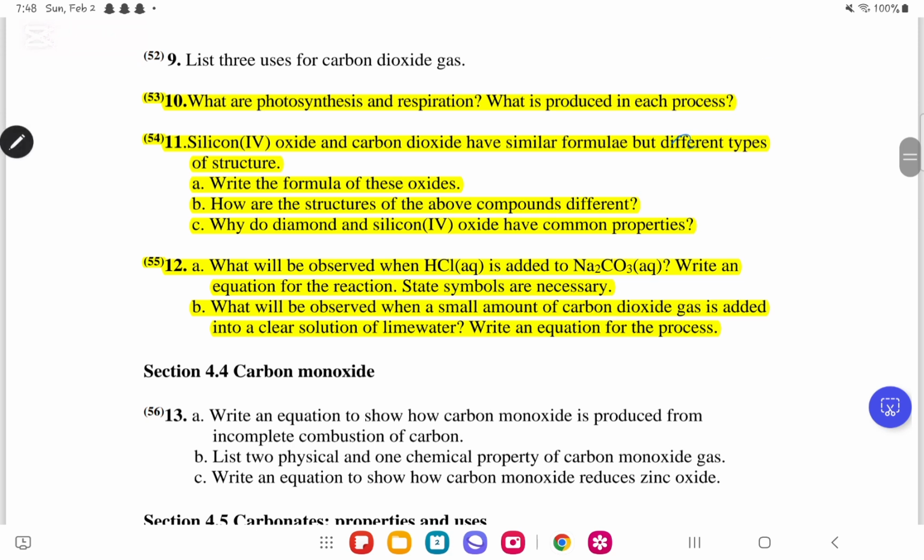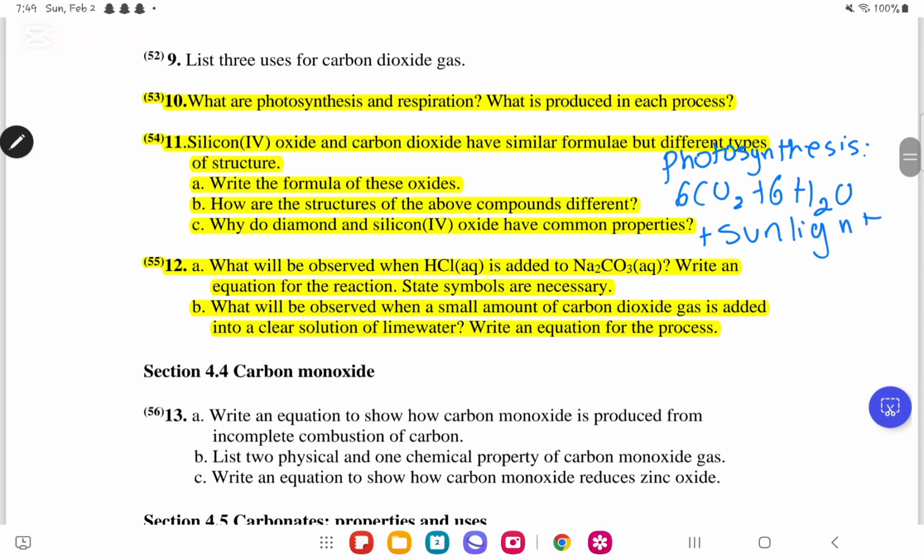The equation for photosynthesis is very simply 6CO2 plus 6H2O plus sunlight energy in the presence of chlorophyll is going to give us sugar, which is C6H12O6 solid plus 6O2 gas. So this is the equation for photosynthesis.